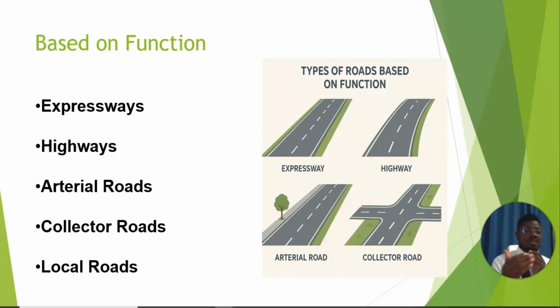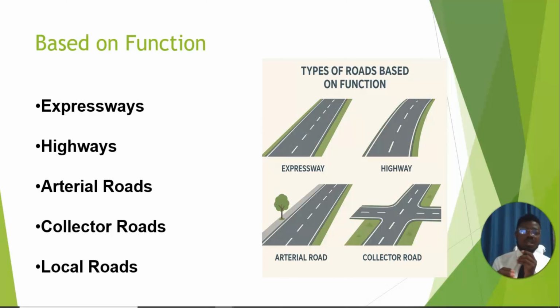Like I said, everything ranges. We have it from expressway down to local roads, and we can also have it from local road to expressway. I explained that the local road is the one that provides access to residences or businesses, but the collector road is the one that links the local road to the arterial roads. That road that links us from the local road to the arterial road is what we call the collector road.